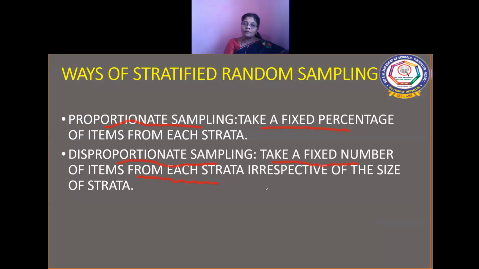That is called disproportionate sampling. Once the strata are determined, a random sample is drawn from each stratum in the same way as we followed in unrestricted random sampling. Now you must have understood the difference between restricted random sampling and unrestricted random sampling.